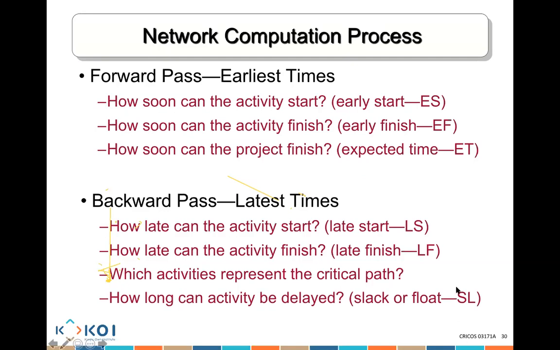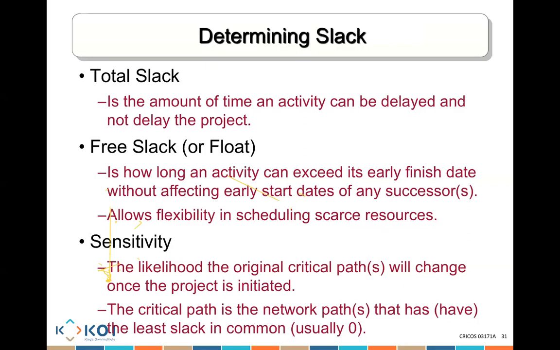Now, these are all things that are new, that you know nothing about, and I'm going to try to explain them to you now. There's slack, the amount of time an activity can be delayed without delaying the project. There's free slack, which is how long an activity can be delayed without delaying the early start of the activity immediately after it.